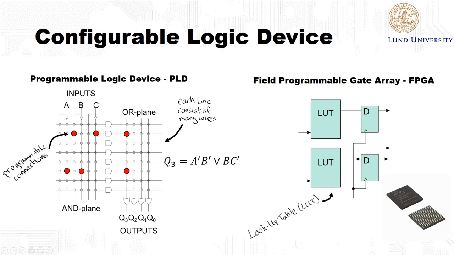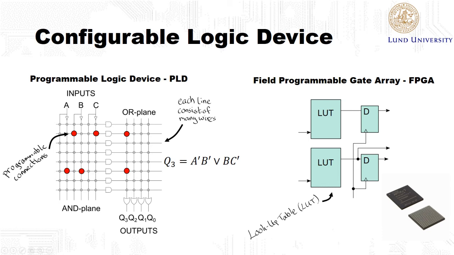The latest step of evolution in these kinds of devices is the Field Programmable Gate Array, or FPGA. The main difference between the FPGA and its predecessors is that the logic is implemented by lookup tables or truth tables instead of gates. The designer can then program the content in the lookup table such that it implements a certain logic function.